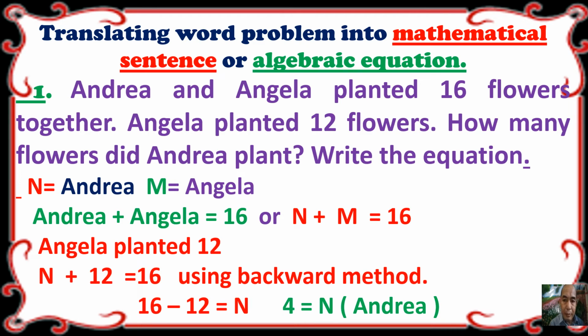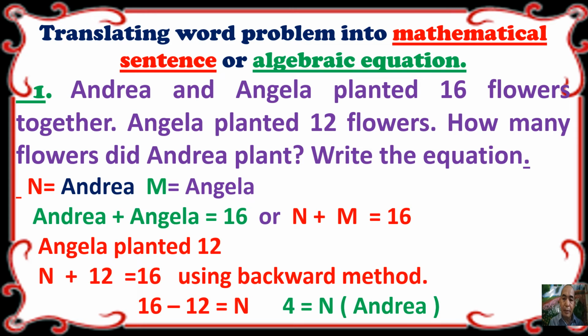But we will have to formulate an equation based on what is asked in the problem. How many flowers did Andrea plant? So we will do the opposite or the backward method in presenting the equation. So we will now have 16 minus 12 equals n.